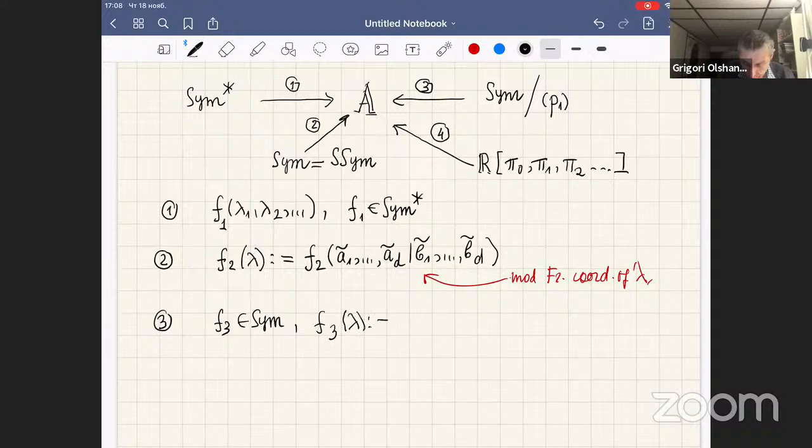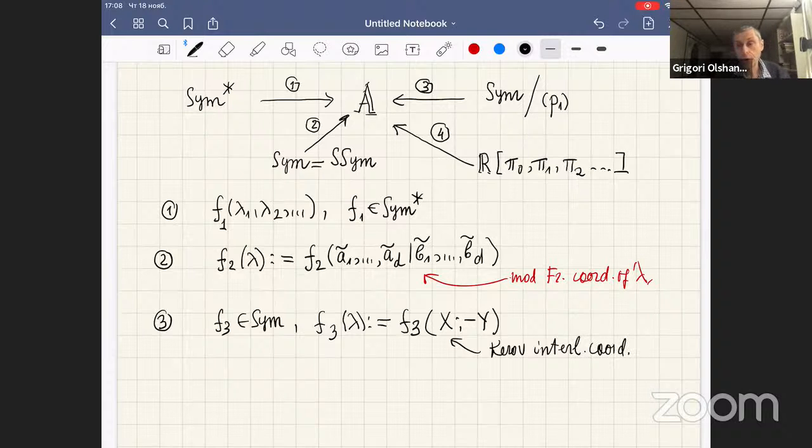So this is by definition a supersymmetric function in my notation, in the interlacing coordinates. In the conventional notation, we don't use the minus sign, but in my notation, it corresponds to taking the minus sign.